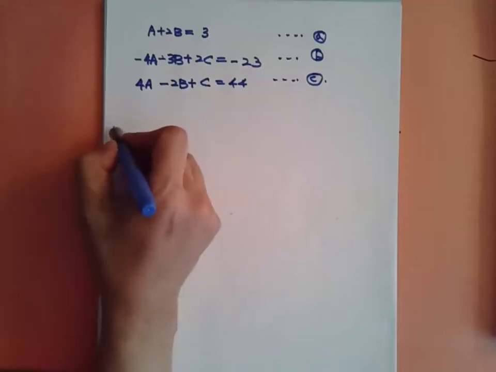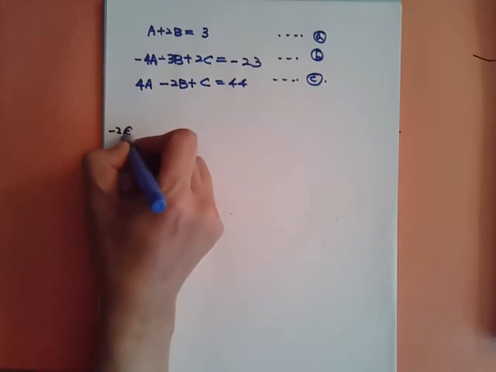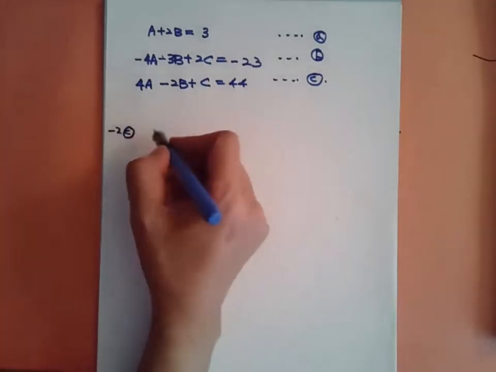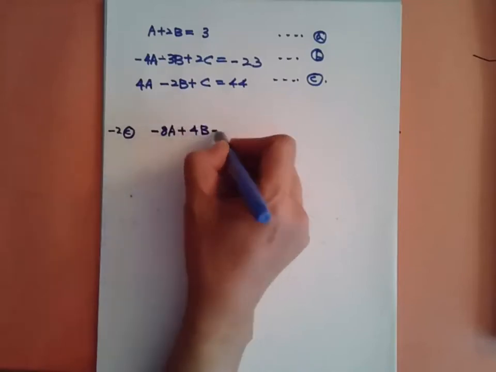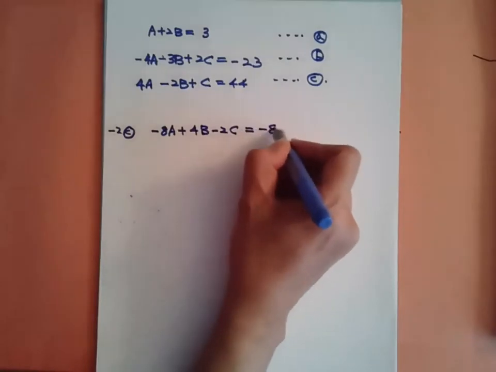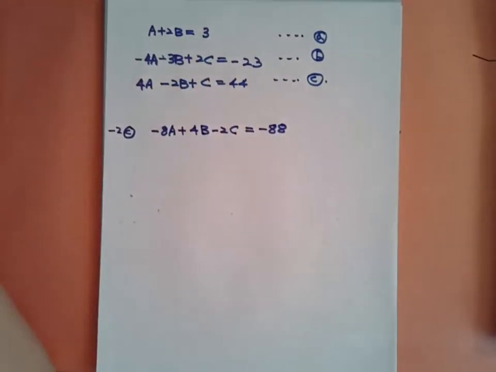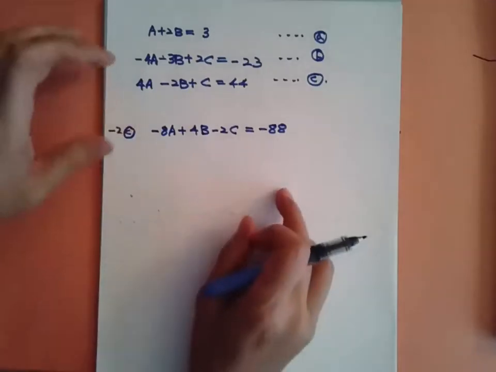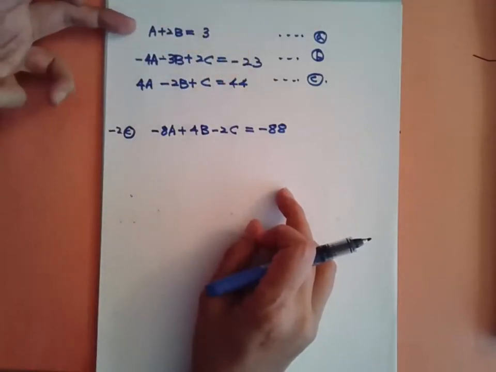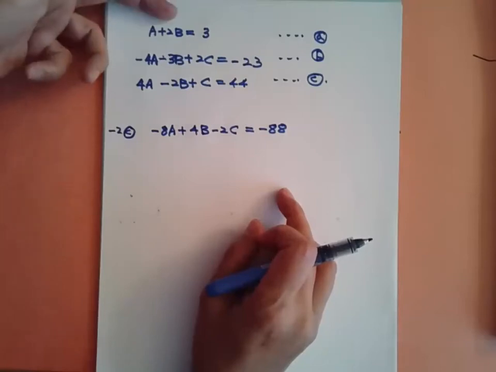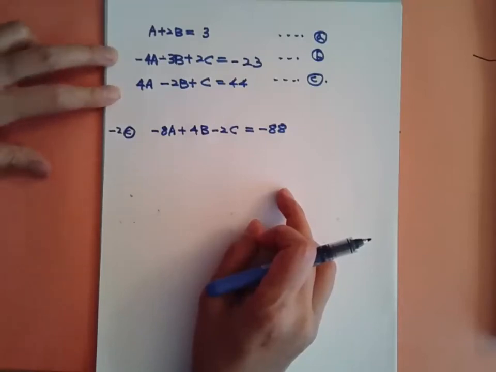Let's consider minus 2c. Then that is minus 8a plus 4b minus 2c equals minus 88. Our strategy is that equation A consists of a and b, and from B and C we want to eliminate c.